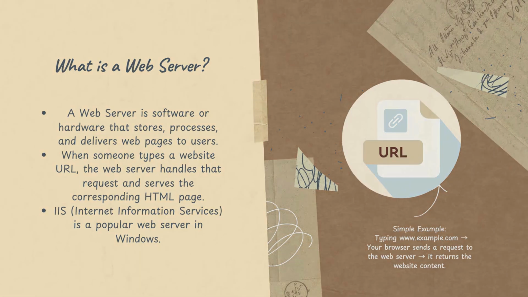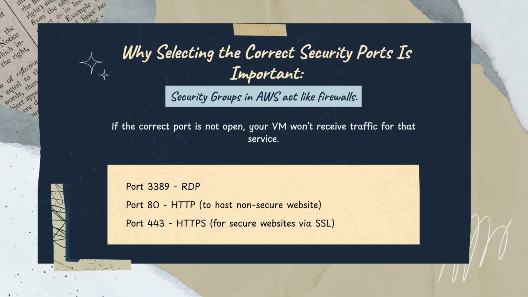Okay, the next slide. So here, the importance of ports. Ports are like doors. Security groups in AWS act like firewalls, and those firewalls have different doors. If the door is closed, people can't come in. In the same way, if we don't open the right ports, the website won't load.